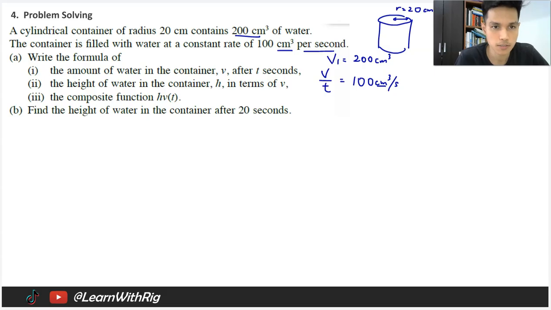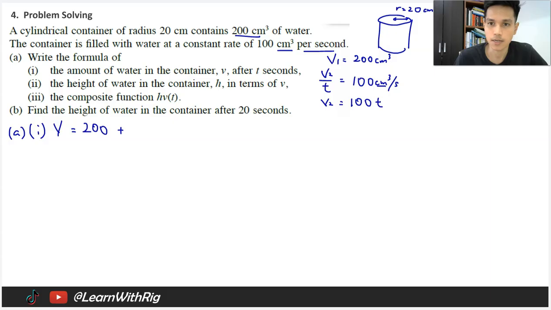So the question here, number 1, asks to find the amount of water in the container after T seconds. You know that the initial volume is 200, so it's already in the container, and on top of that, it is constantly increasing. So what is the V? Let's say I write here V2. V2 is equal to 100 times T, correct?